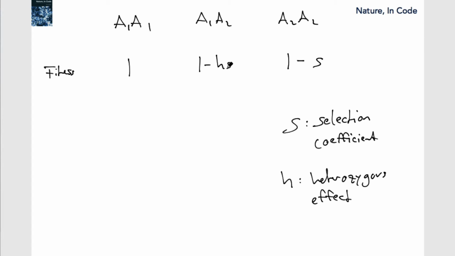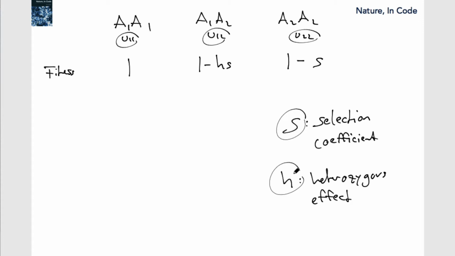And that's actually kind of nice, because before we had this system of W11, W12, and W22. So we had 3 variables, and now we only have to work with 2 variables. And that makes things a little simpler.